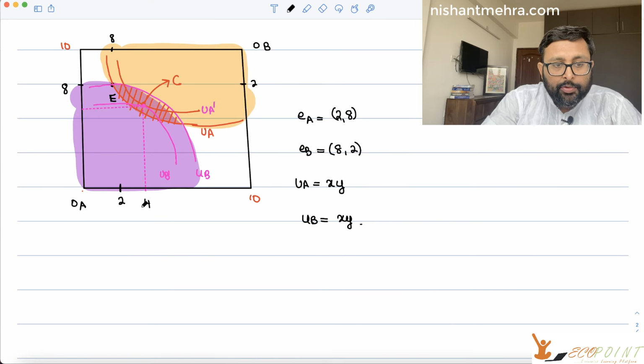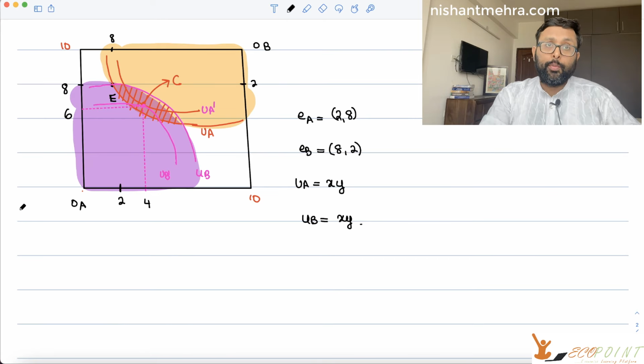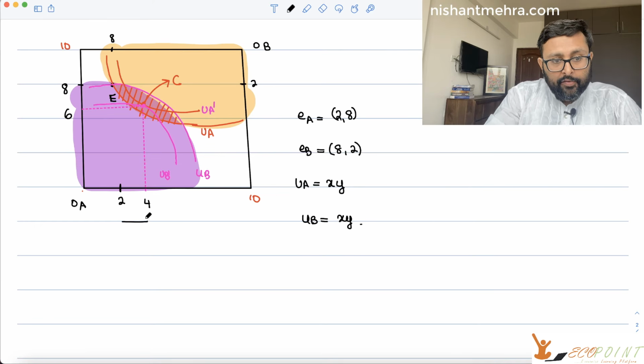And at C, how much of X do I have? 4. And at C, how much of Y do I have? 6. So compared to the endowment point, compared to what I am born with, I have more X.